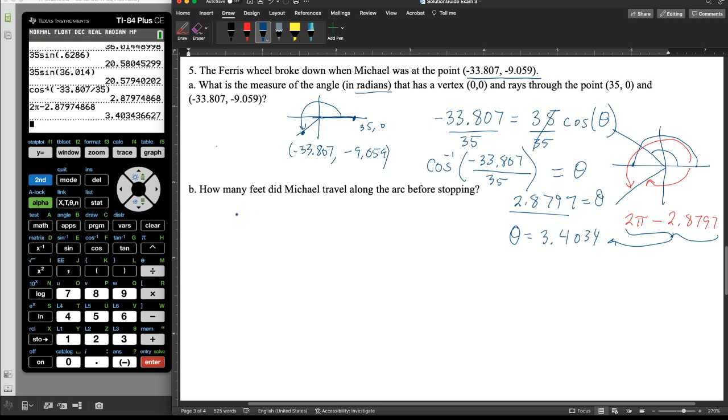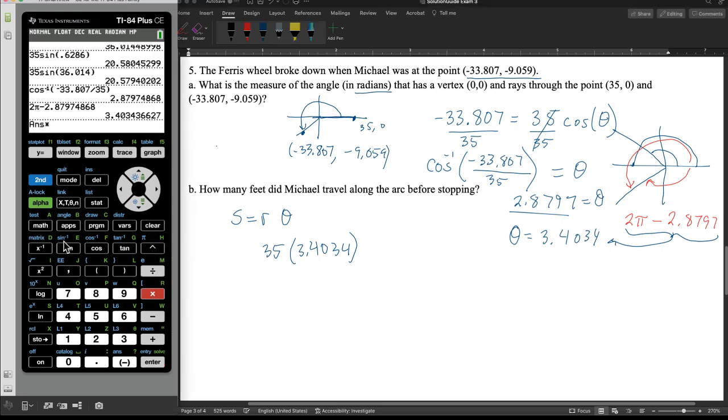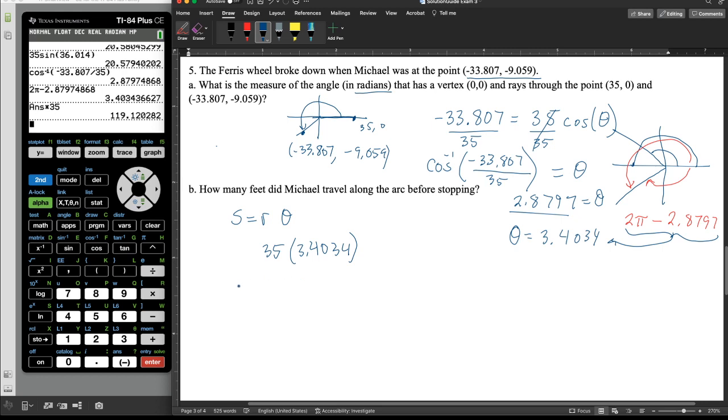So the arc length is our theta: 35 times 3.4034. We multiply these two out, and I've got the answer here, so I'm just going to go times 35, and notice it brings the answer down. I don't have to retype it. So Michael has traveled, that's our S, 119.12 feet.